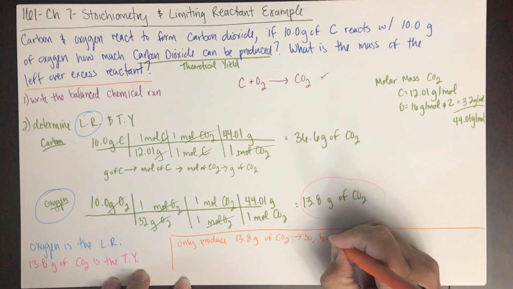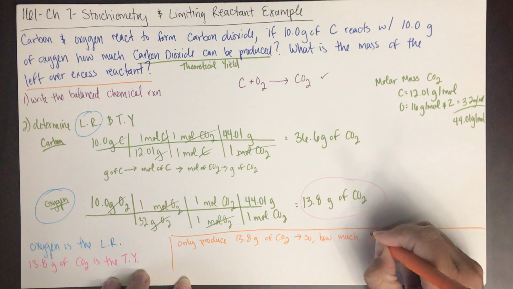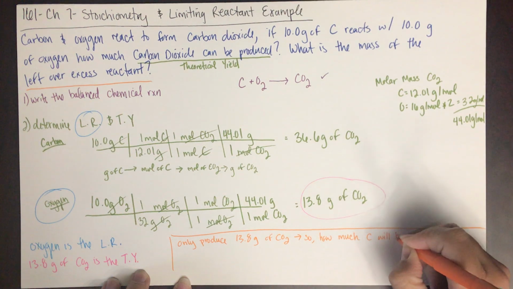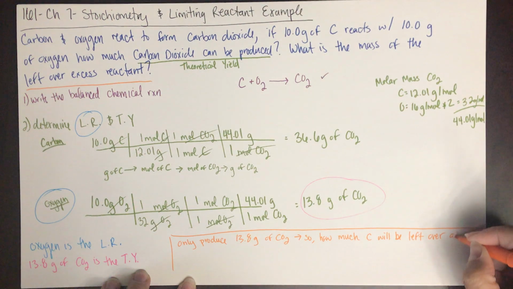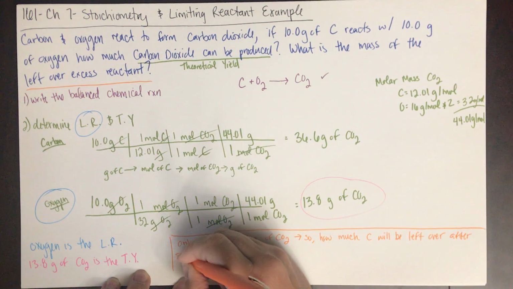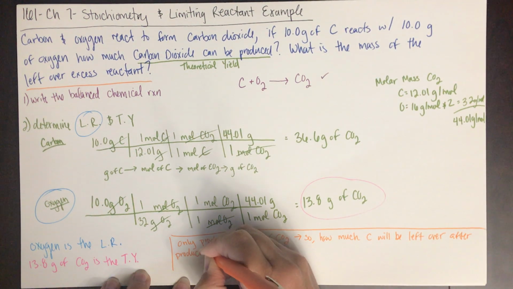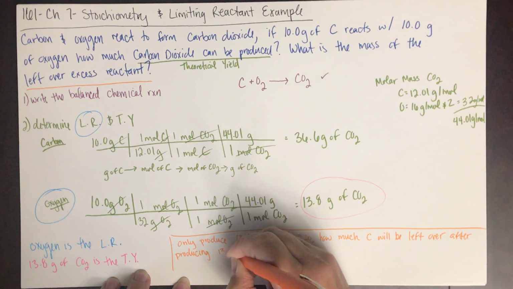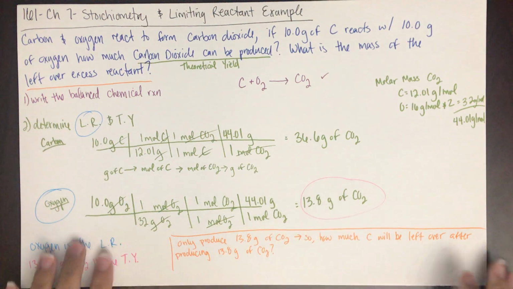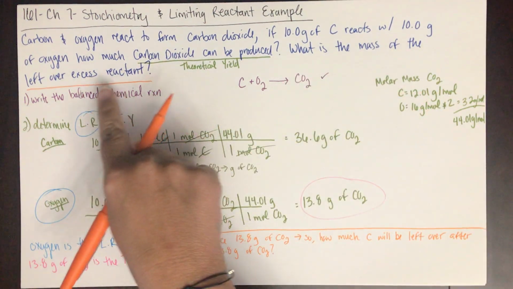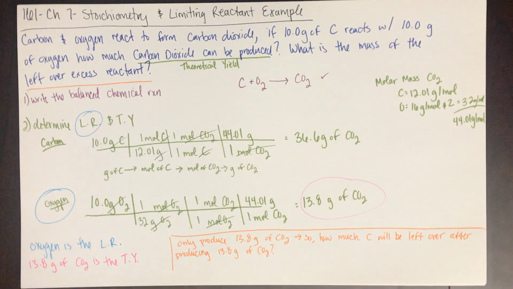So how much carbon will be left over after producing 13.8 grams of carbon dioxide? That's essentially the question that you're answering when you're answering what's the mass of leftover excess reactant.